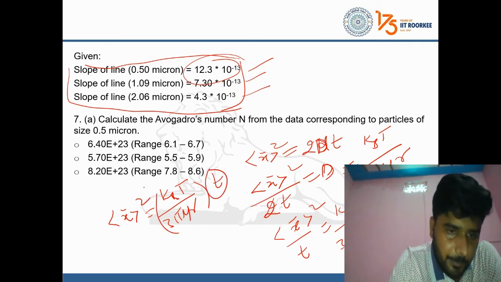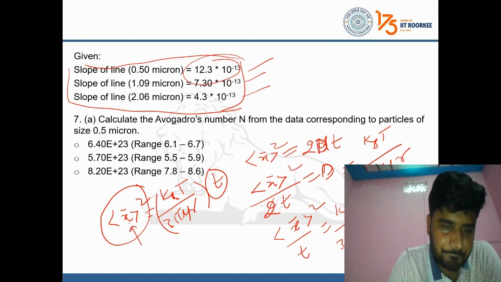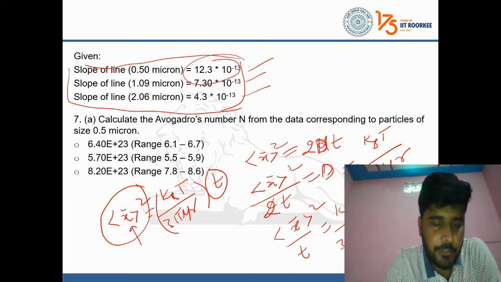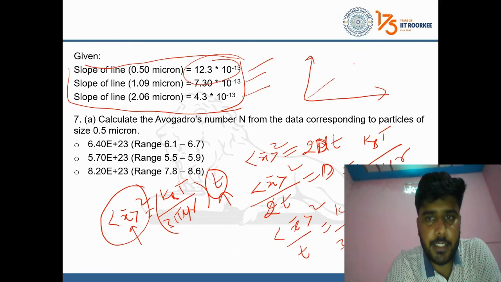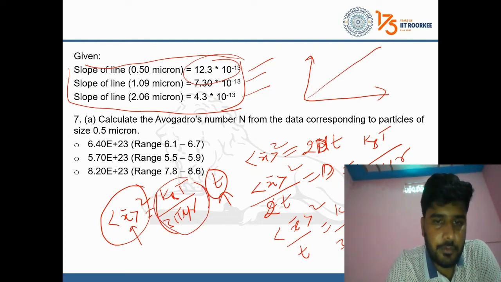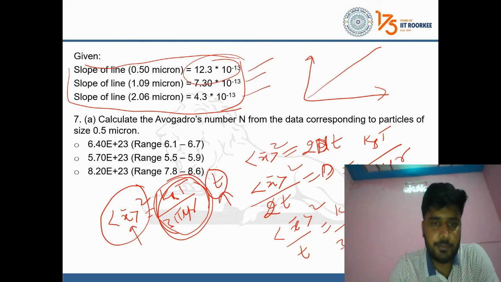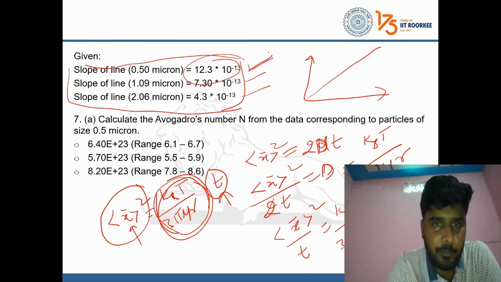If I plot a curve of mean square distance versus time, I will get a straight line like this, and this value will be the slope. The slopes are provided here.